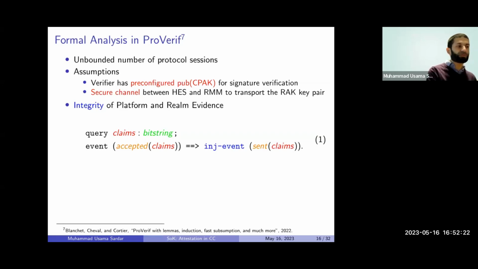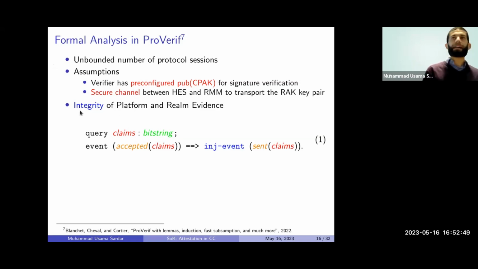But for these formal specifications, I just want to describe what happens for ARM CCA. For instance, the assumptions are that the verifier has a pre-configured public part of the key, CPAK, for signature verification. And secondly, that the secure channel between the two entities, HES and RMM, is already established to transport the RAK key pair.